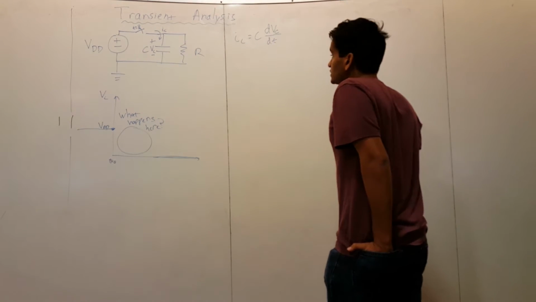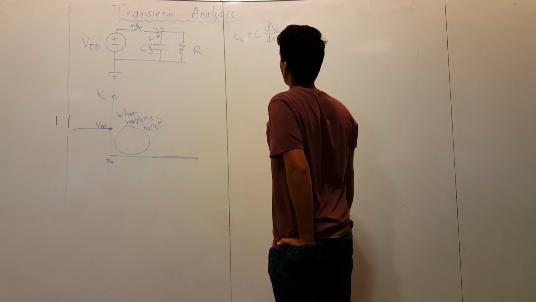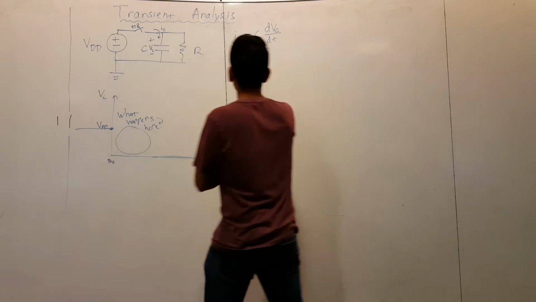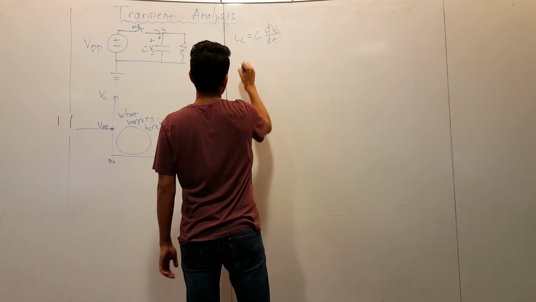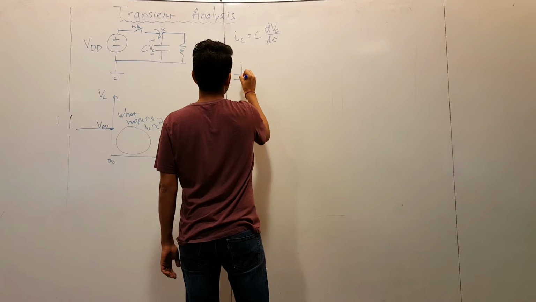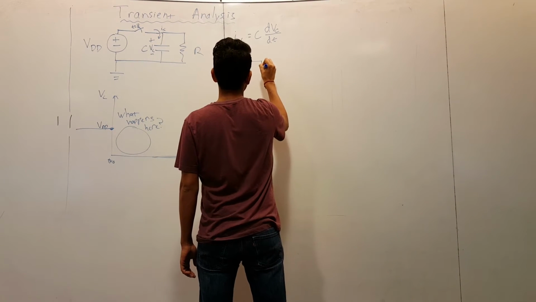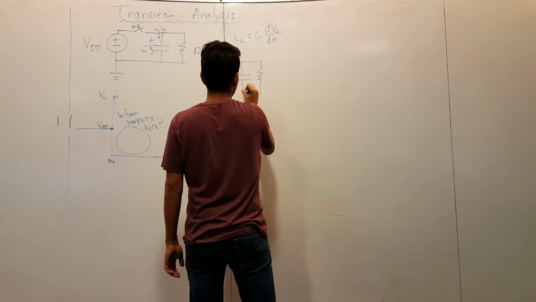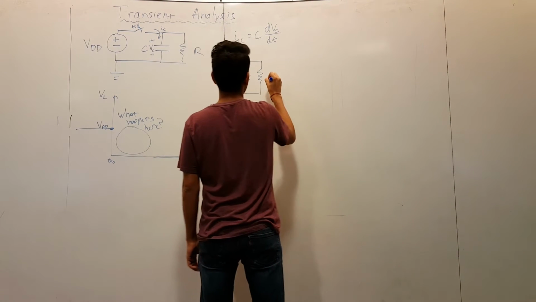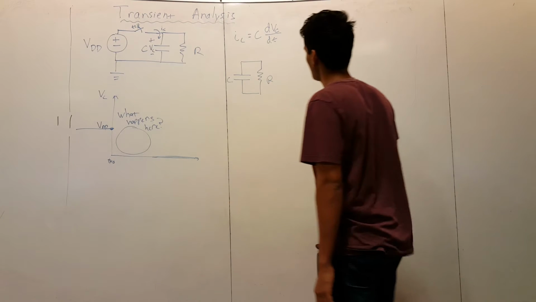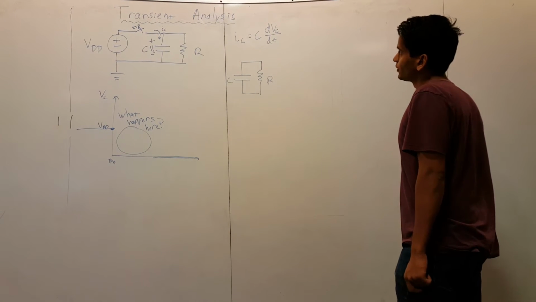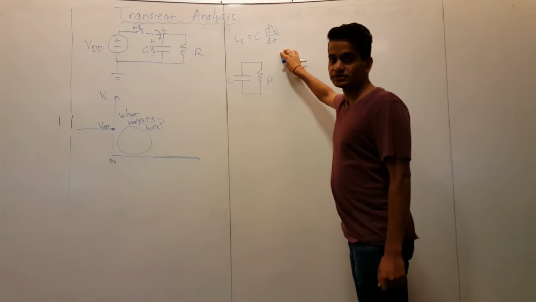Once the switch is flipped, our circuit is just C and R. How do we solve this equation?